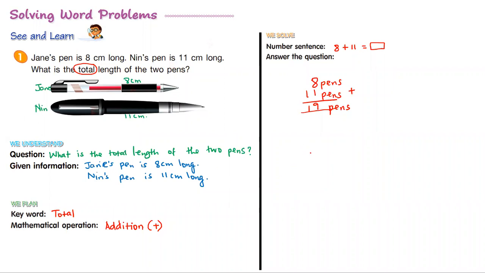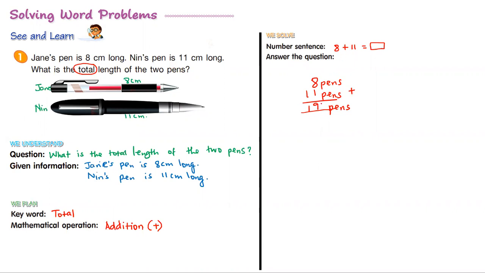Now let us check if our answer is correct. You can see that 19 is bigger than 8 and 11. The sum, or what we call the total, must be bigger than these two numbers.